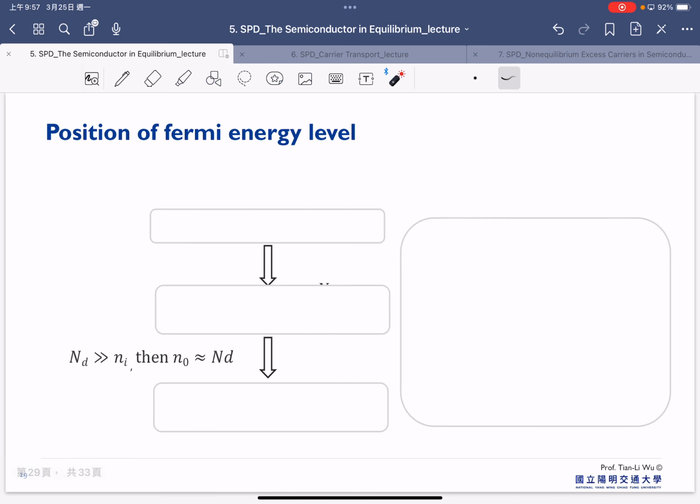And now we have to understand how we determine the position of the Fermi energy. We have the expression from before, which is n0 equal to Nc exponential minus (Ec minus EF) over kT.